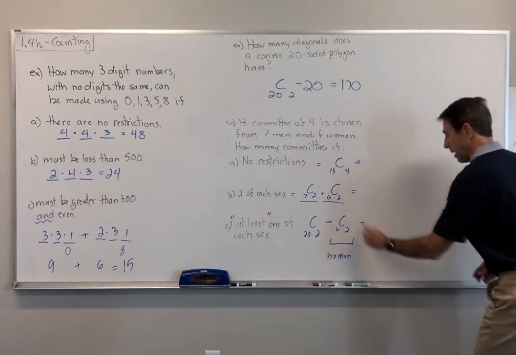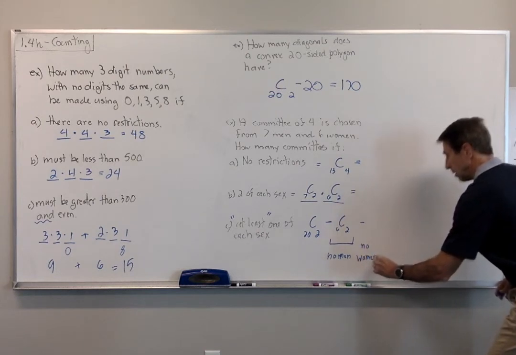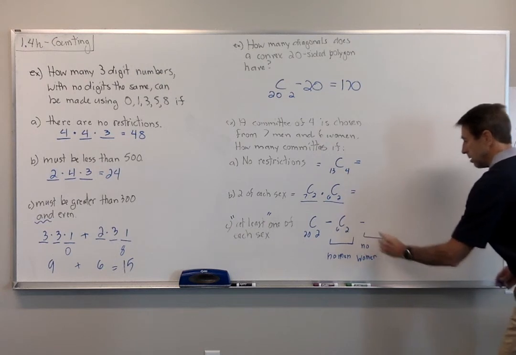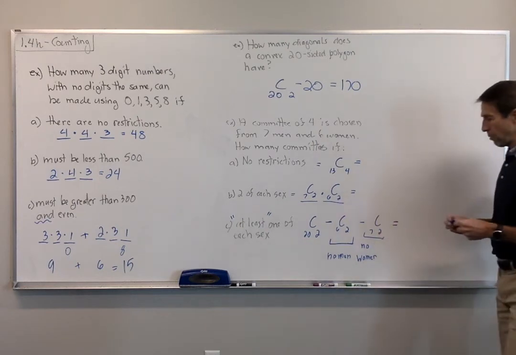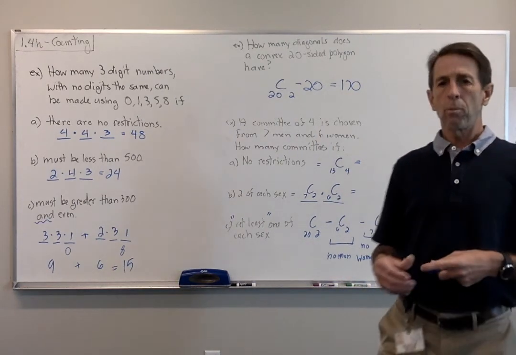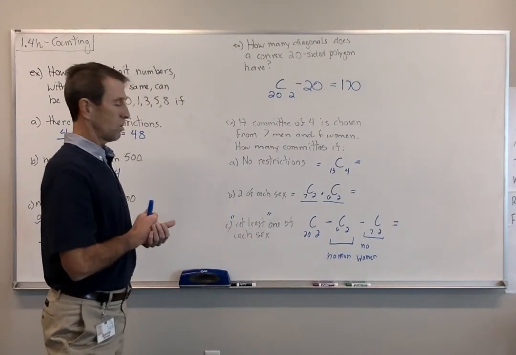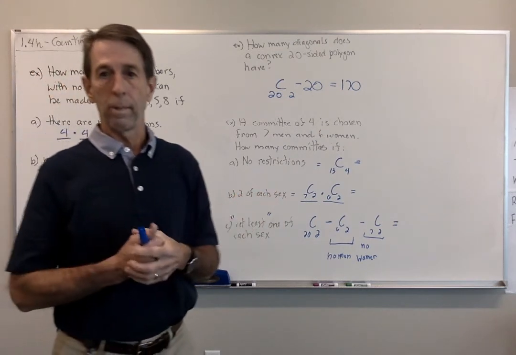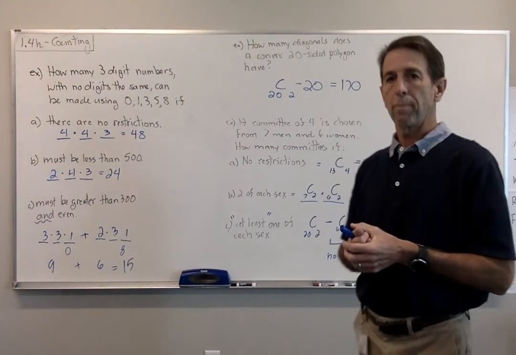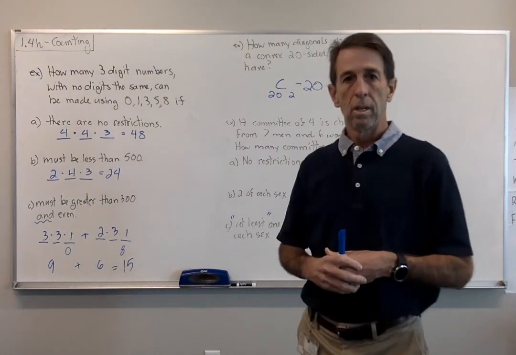And then I'm going to subtract the case where there are no women, and in that case, I'm choosing all men. And that would be one way to calculate the number where there's at least one of each. It's going to be all of them when you take away the committees that are either all men or all women. I said the other option would have been a more direct approach, but you'd have to deal with different cases.